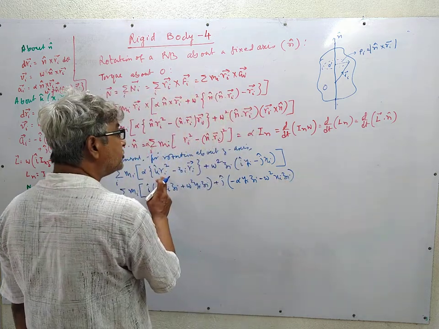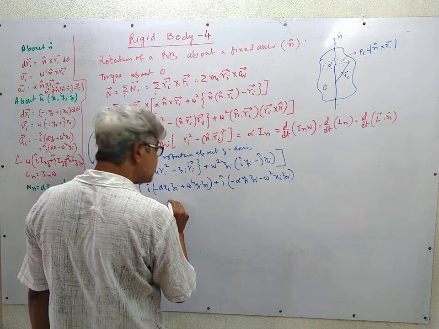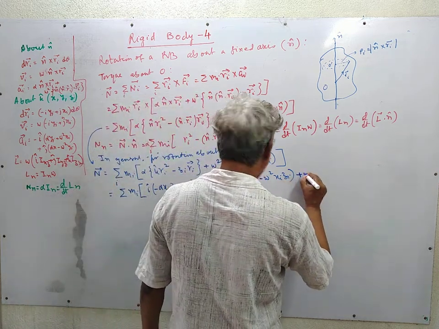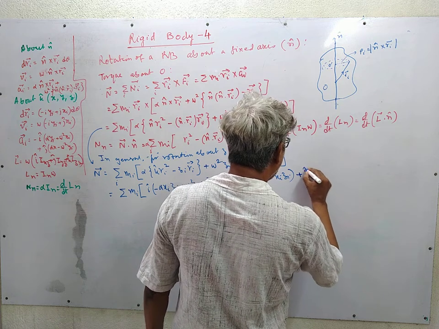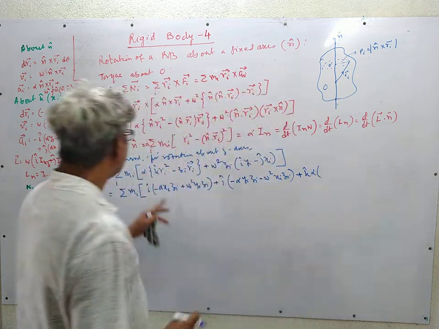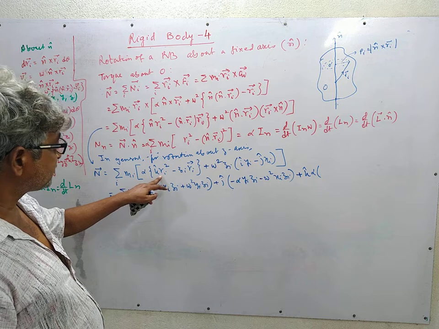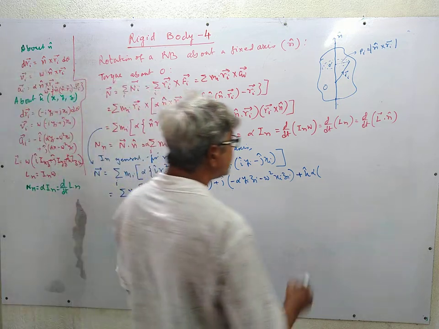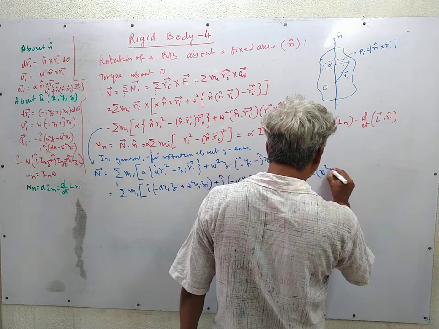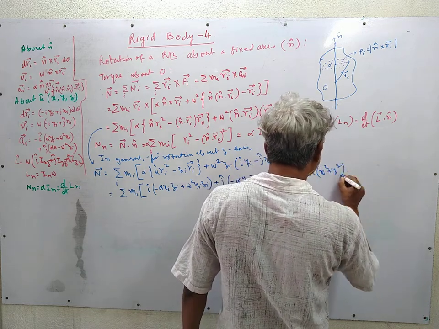The k cap contribution comes from there, this is plus k cap alpha, this is x_i square plus y_i square plus z_i square, and there is a cancellation from z_i there, so this is simply x_i square plus y_i square.